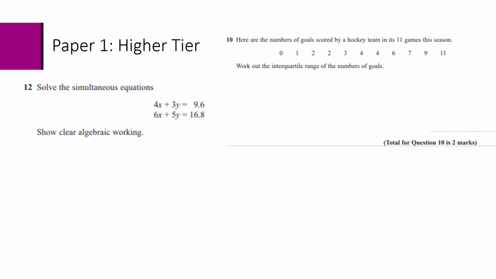Hopefully you've been in, and this is one of the checks to find that we've got the chat on there. Let's see if anyone's going to put anything into the chat. Who's going to be bold enough? So which one did the students find hardest? Question 12, the simultaneous equation, or question 10? Ooh, I don't think anyone's going to be bold enough this morning. So I'll give you the answer.